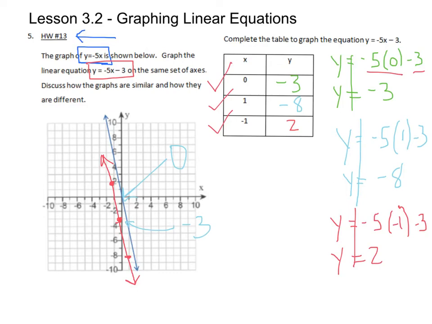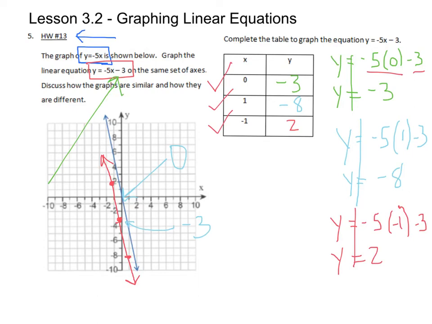Shifted down 3 spots. So take a quick glance at the equation up there boxed in red. Is there anything about that equation that can maybe give you a hint that it gets shifted down 3 spots? If you said, hey, maybe this has something to do with it, you're exactly right.